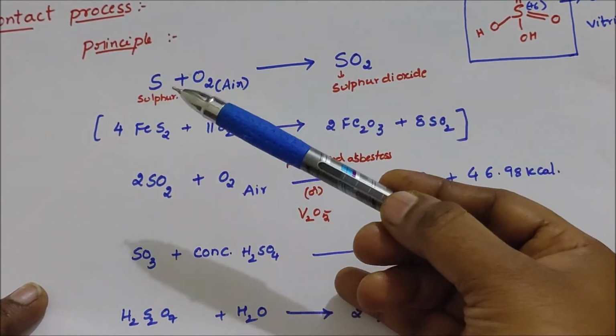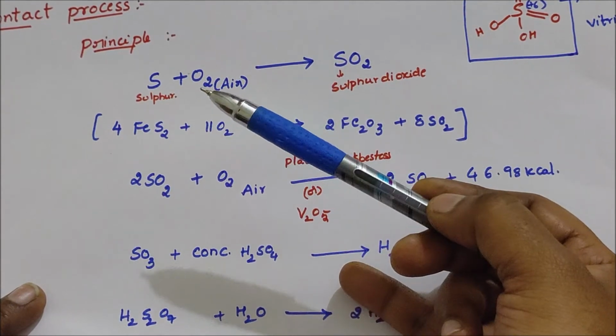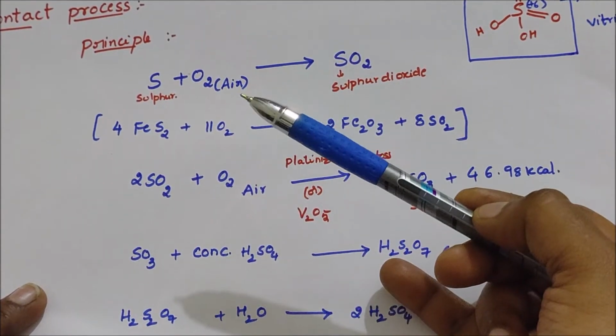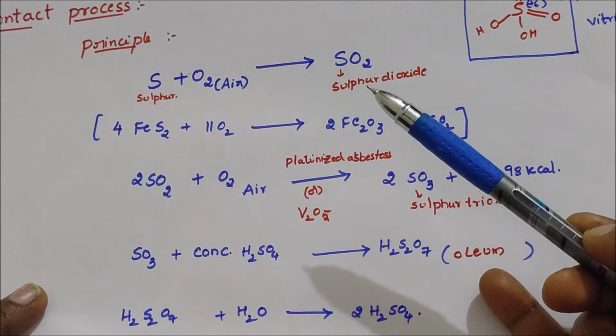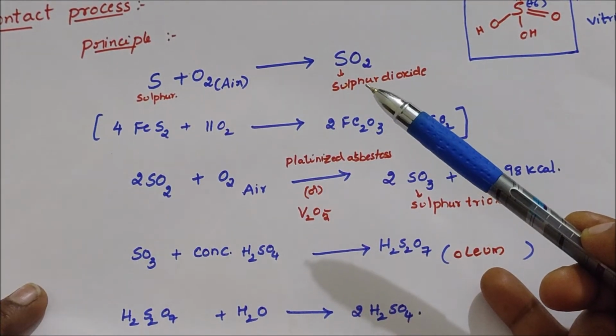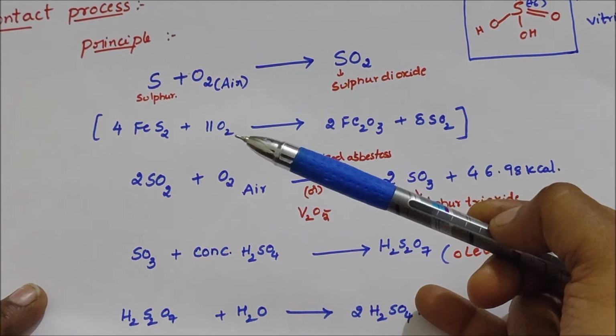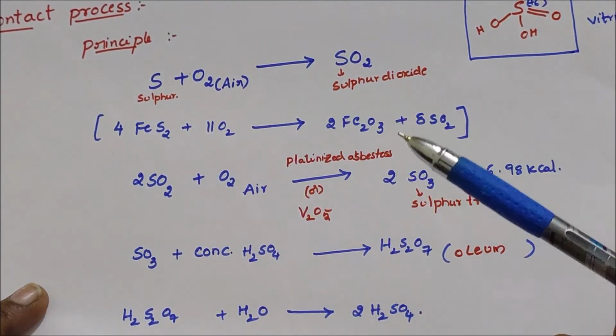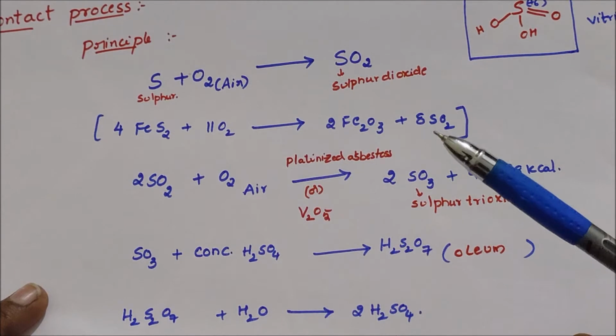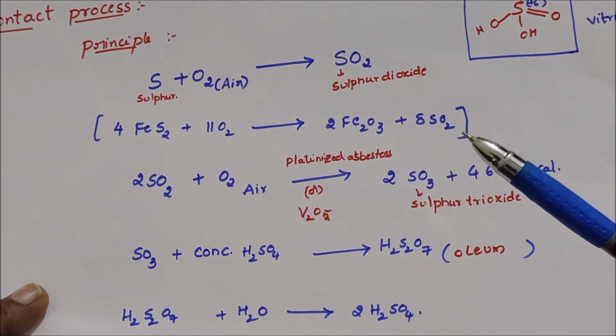Sulfur is treated with oxygen in the presence of air to get sulfur dioxide, and it is also prepared by burning iron pyrites with oxygen to give sulfur dioxide.